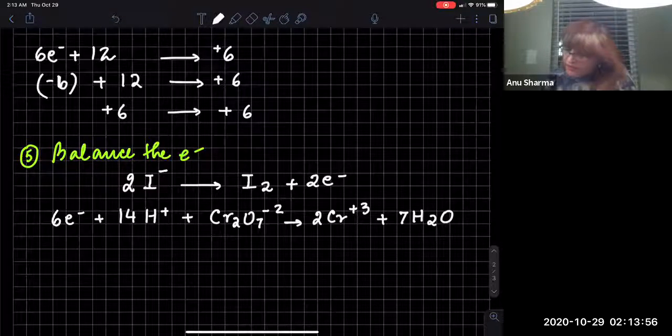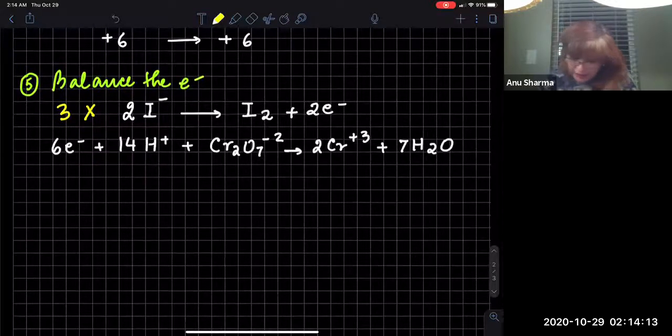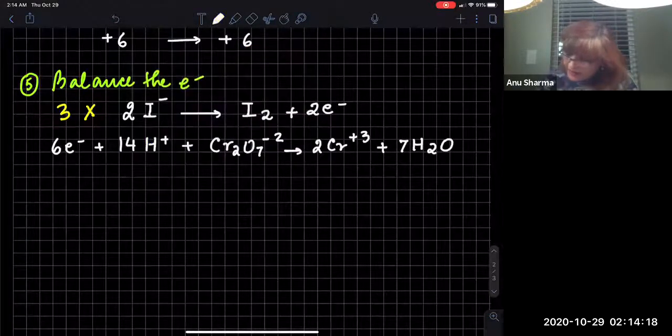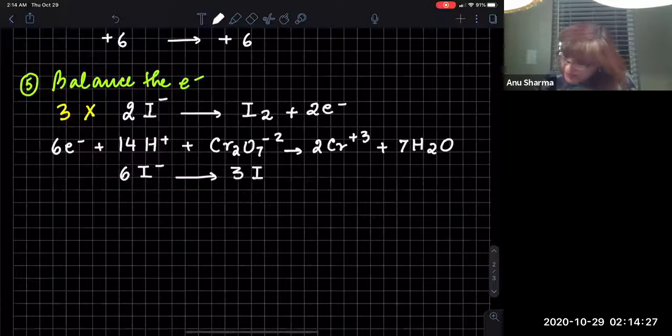So now we have to balance the electrons. And how do we make them 6? In order to do that, we're going to look at the common multiple, which is 3. So you're going to multiply this whole thing by 3, and I'm going to write it here below it, so that we now can get 6 iodines, and they are going to give you 3 I2 and 6 electrons.